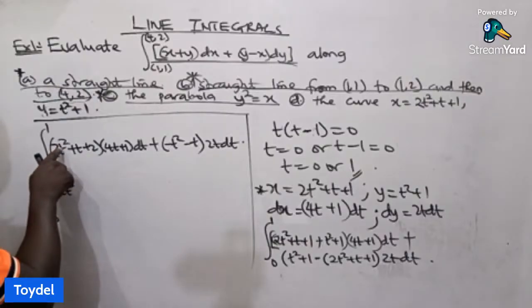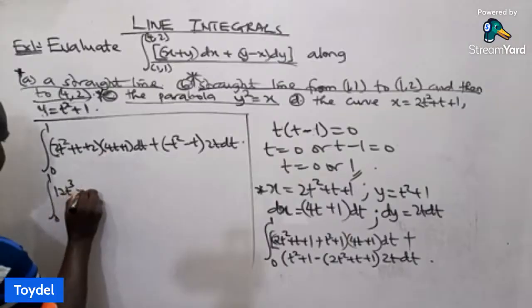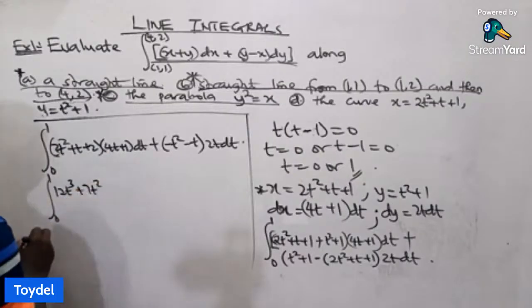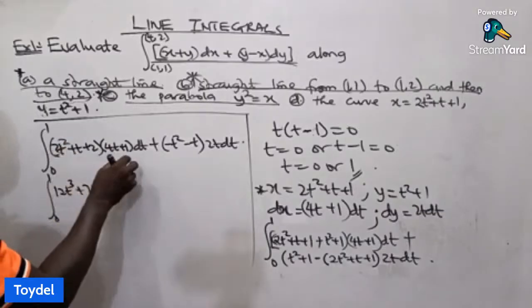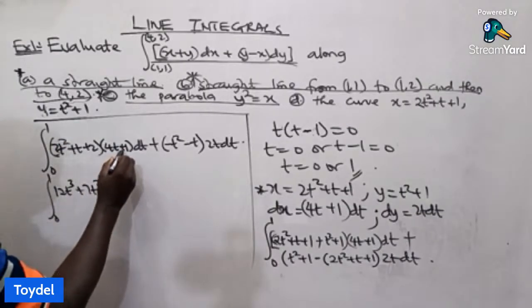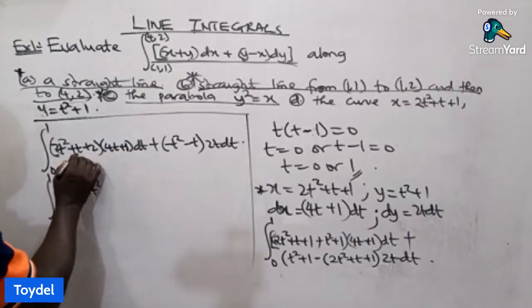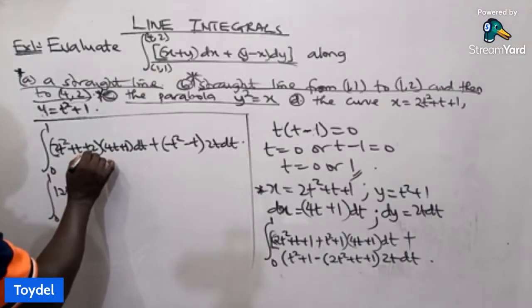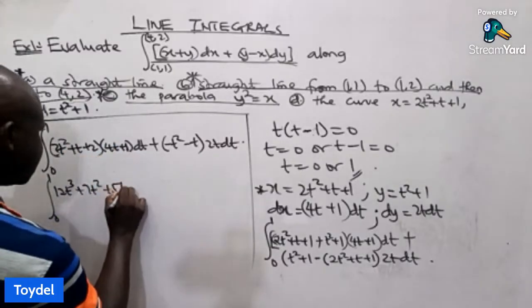Plus 3t multiplied by 1. That's 3t. Then that will be plus 7t squared. This is 1. Here is 1. Plus 7t squared. Then we'll come back to this space. That will be t plus 5t plus 2.